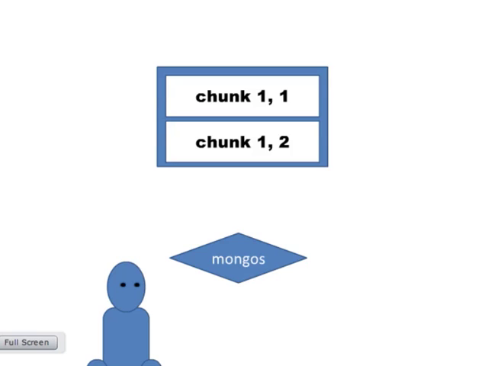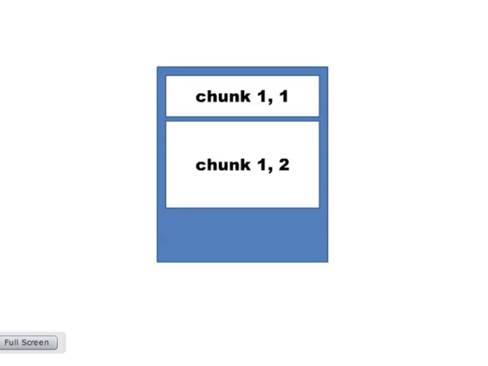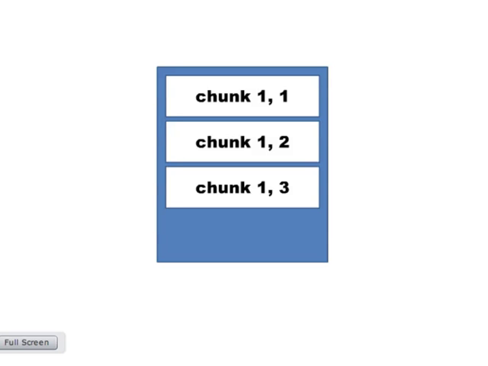The MongoOS can still query this because the major version is the same. If we continue inserting data, say chunk 1.2 gets bigger, then that'll be split into 1.2 and 1.3.